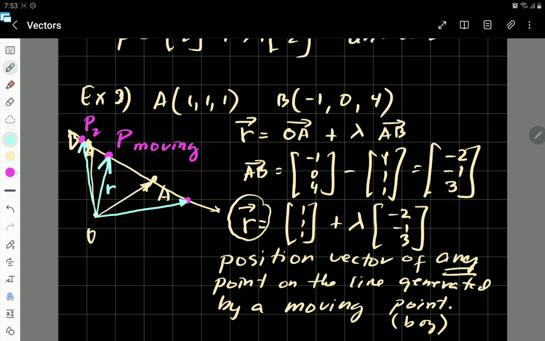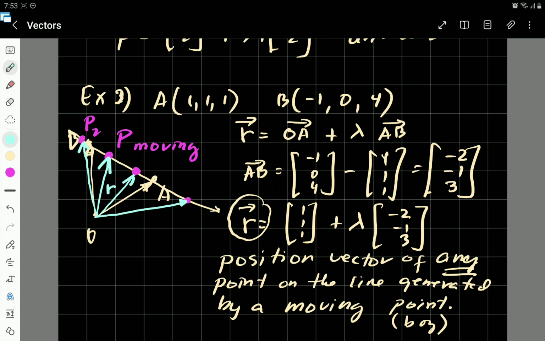So that's the meaning of that R: the position vector of any point on the line generated by a moving point.